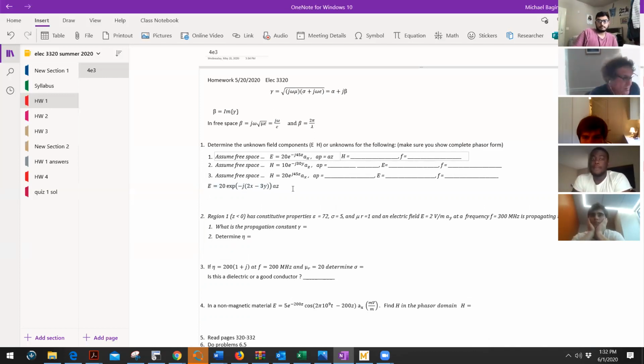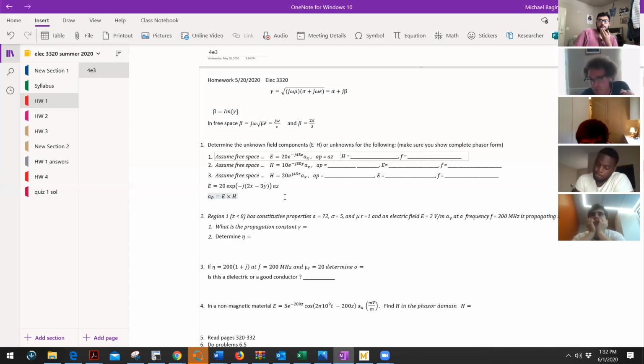The direction of propagation you get by this, let me do it this way. A sub P would be equal to, now you all know power flow is E cross H, right? So if you take E times H, now you've got the power, magnitude and direction.